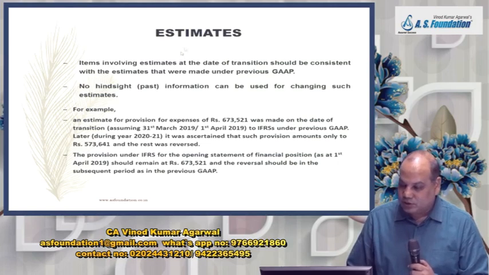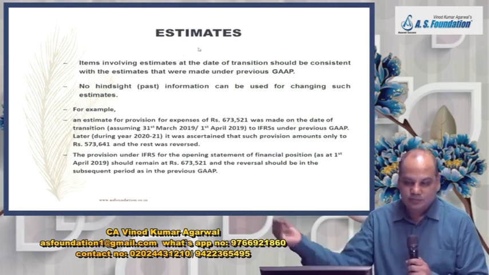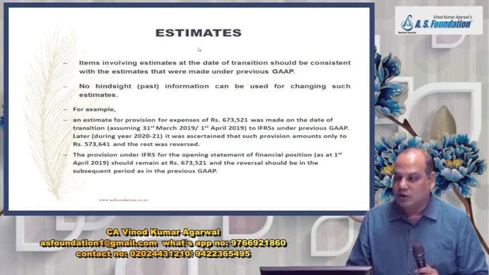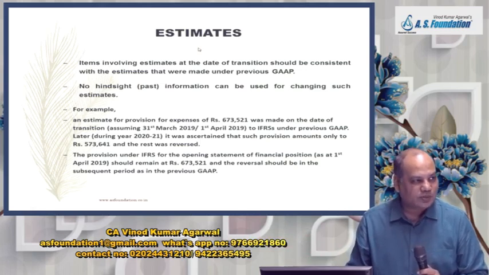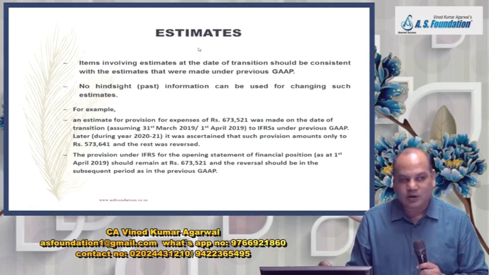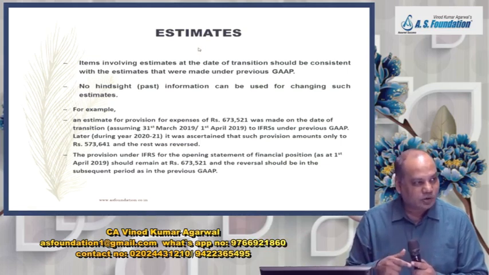Now the standard, in order to simplify your transition process, to avoid unnecessary cost on you, because there may be so many estimates you must have made in the past, and if I ask you to do retrospective application, it may be time consuming, and it will be a costly exercise.